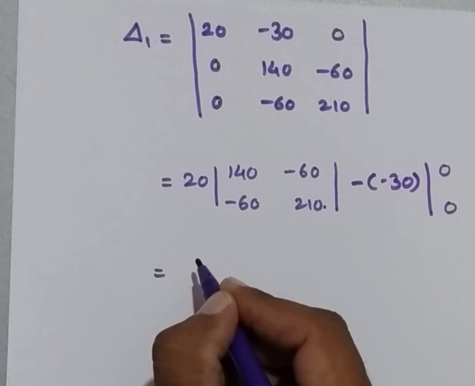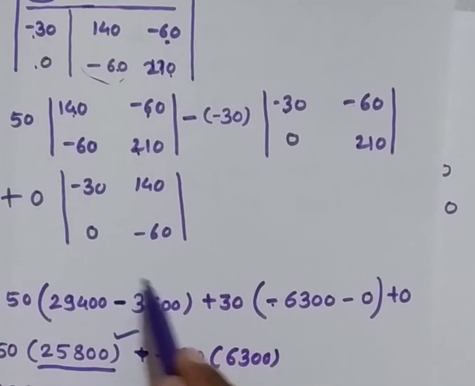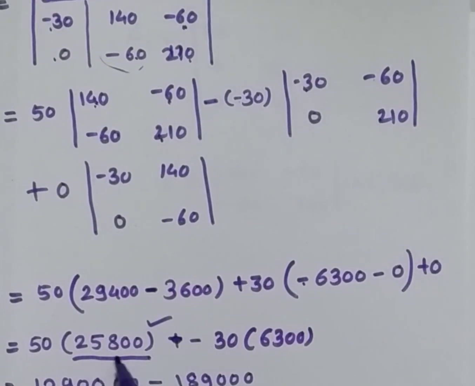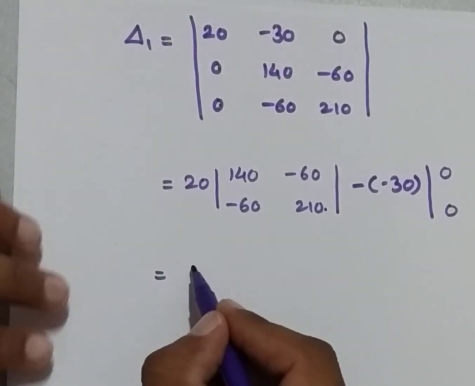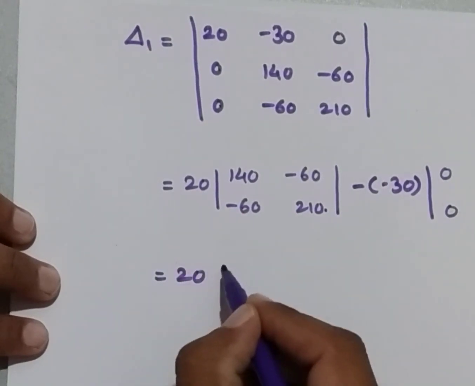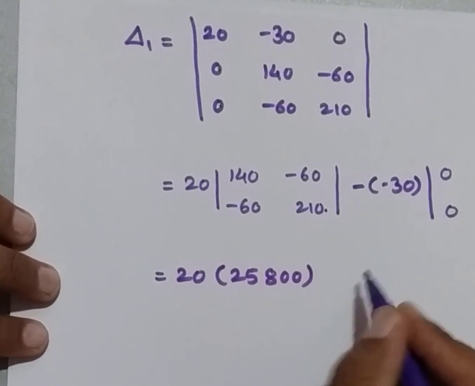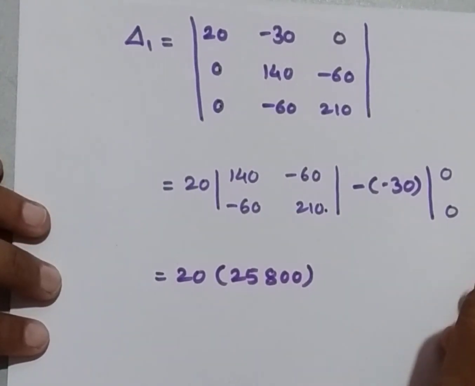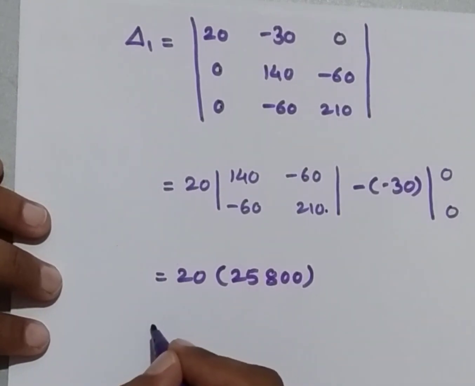You have already calculated this term, that multiplication resulted as 25800, so I simply use it over here. That was the resultant answer, and this is again going to become 0, so I am not going to write it.